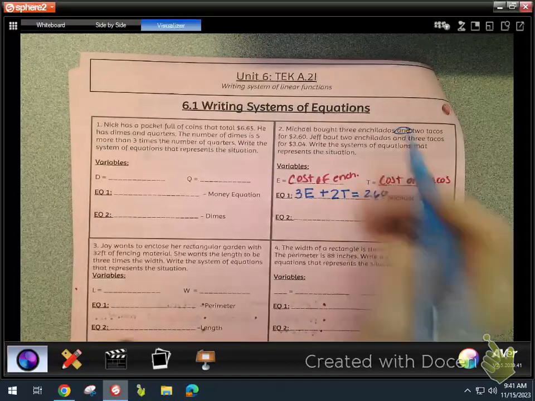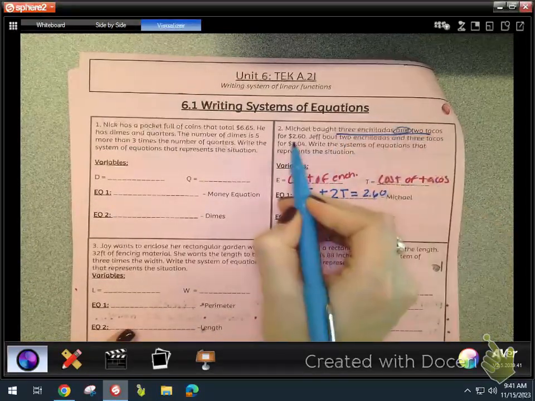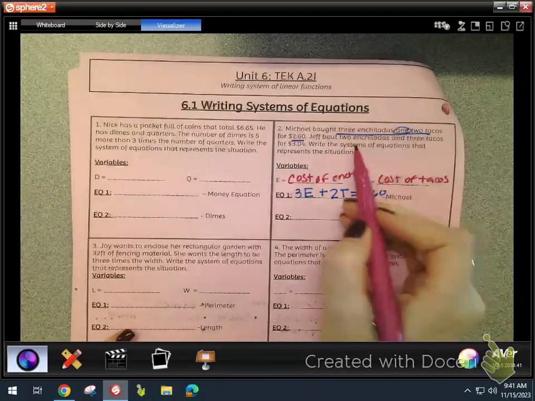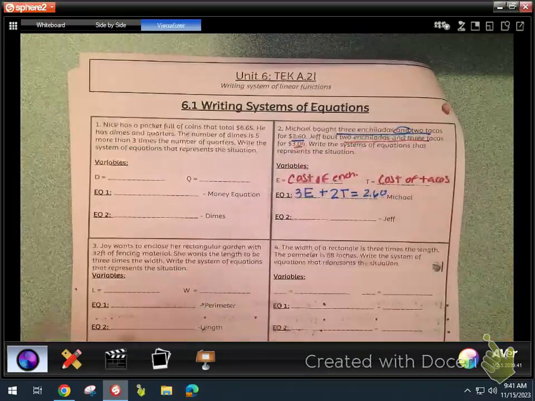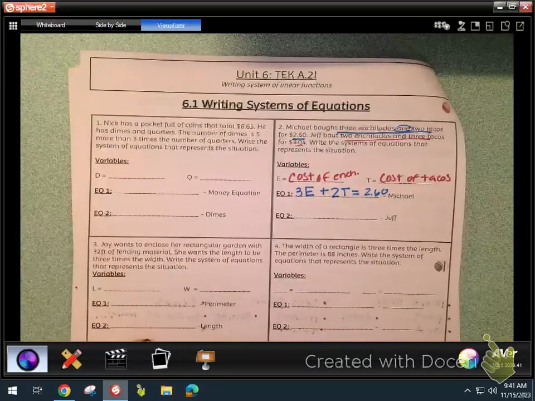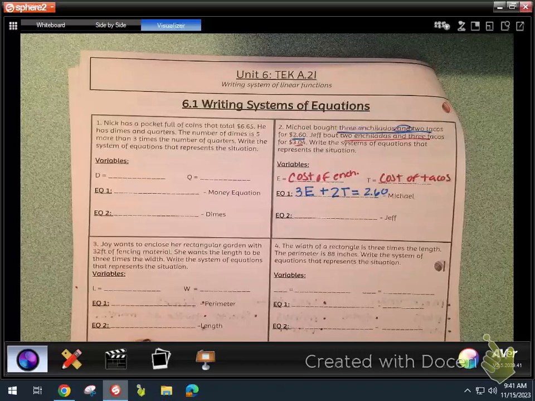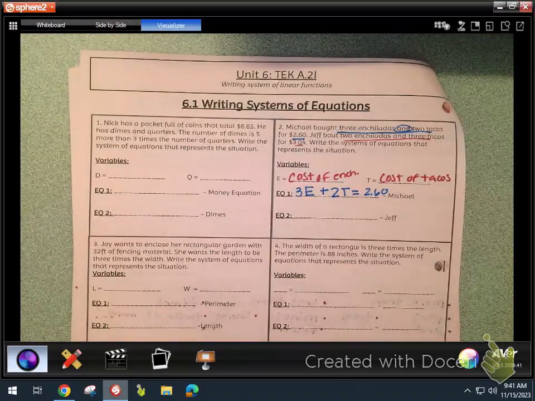All right, that's Michael's. So I'm putting all of this together, and now I need to put Jeff's together. You do Jeff's. This is one that I kind of call a straightforward one because it's like this guy and this guy. And that's all you have to do.